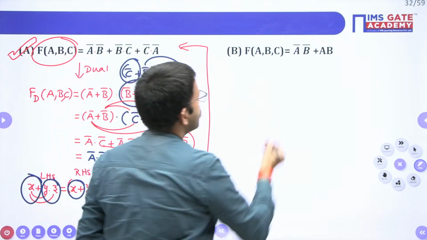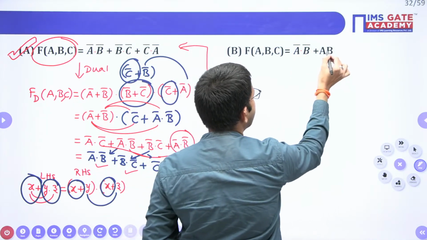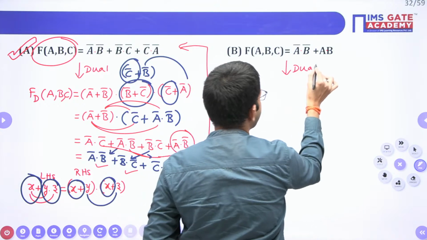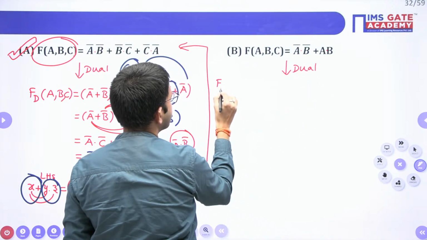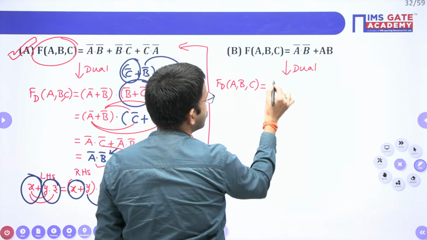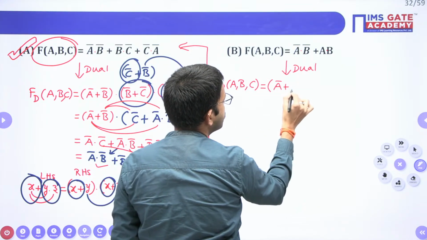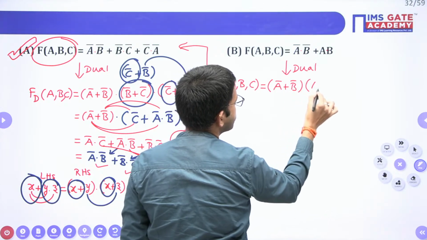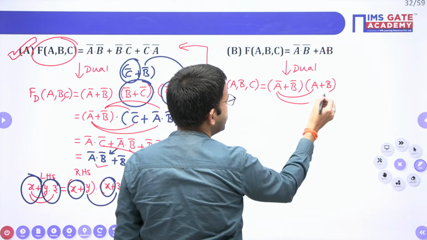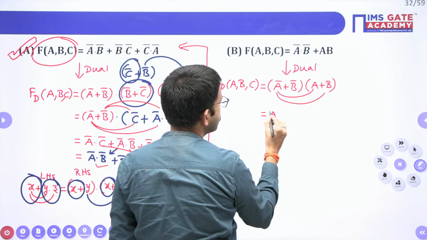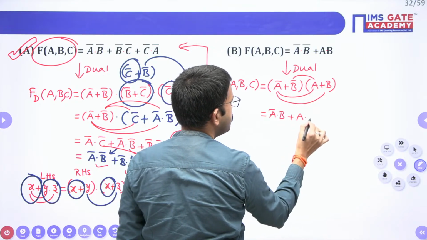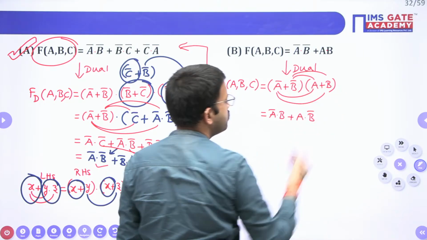Now, let us see regarding option B. A bar plus B bar into A plus B. So A bar into A is 0, so you will get A bar B plus B bar into A, you can write as A into B bar into B is 0.